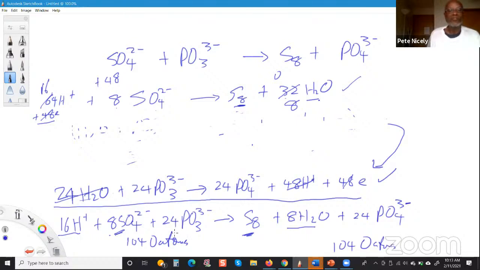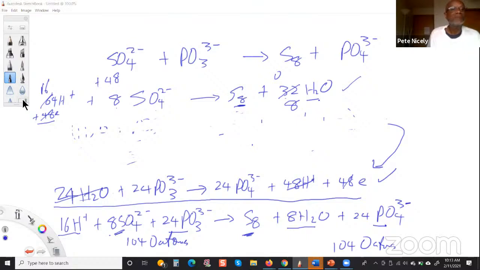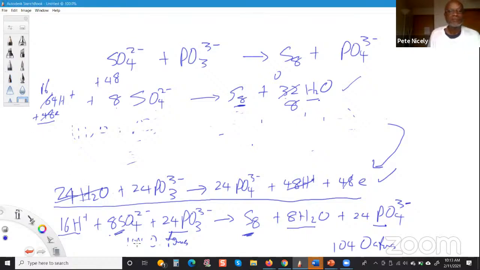The 24 phosphorus here balances the 24 phosphorus here. And as far as the charges are concerned, let me just erase this here to avoid confusion. Okay, so we have 16 plus charges minus 8 times minus 2, 16, plus 24 times 3, which is 72.